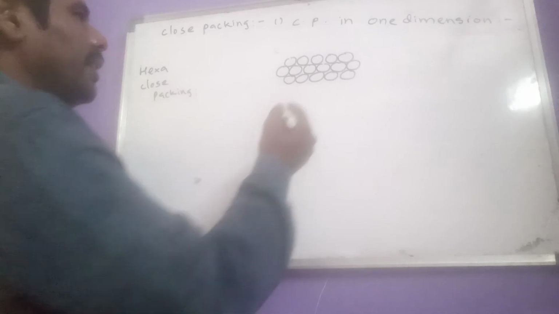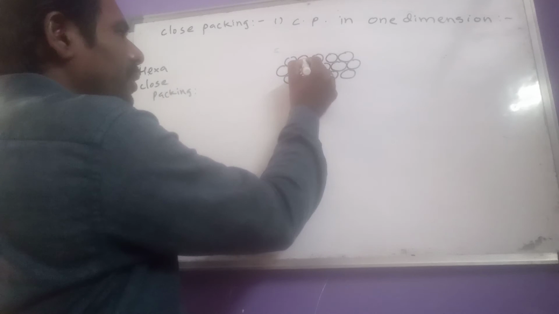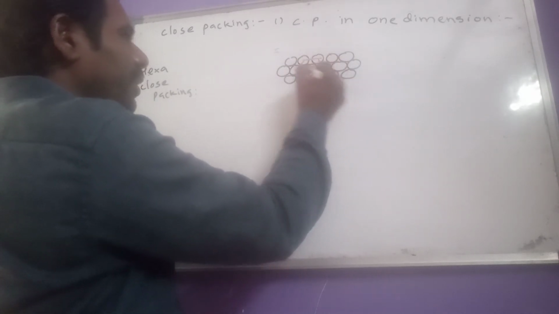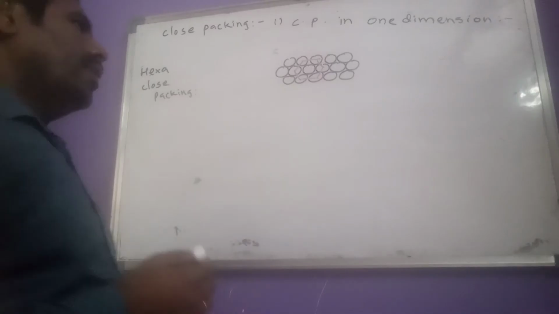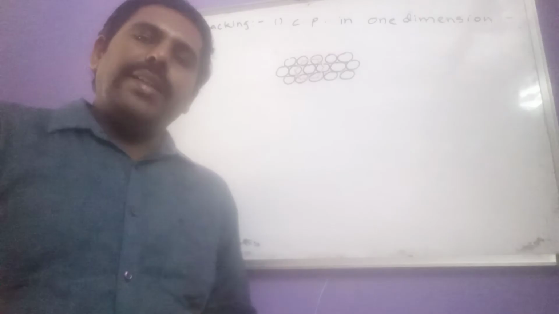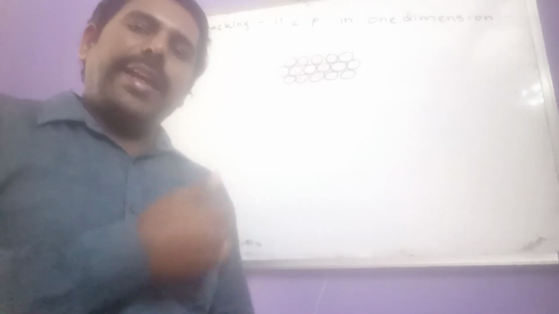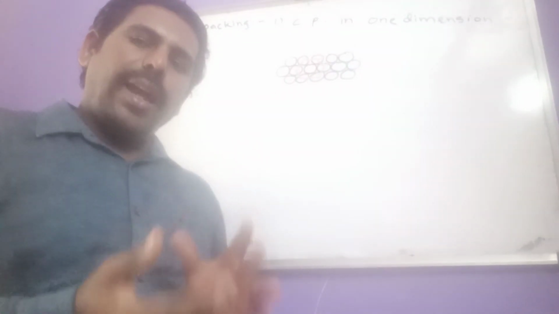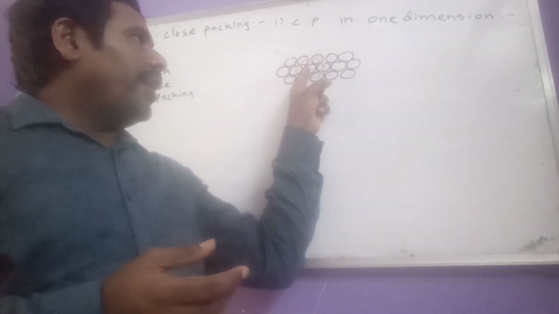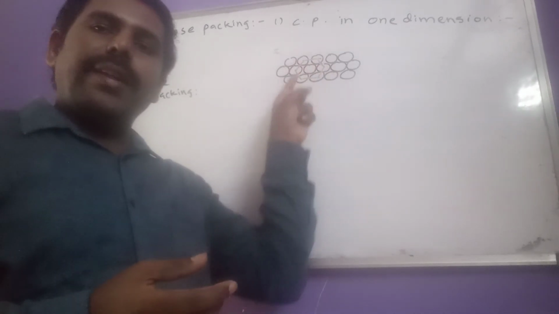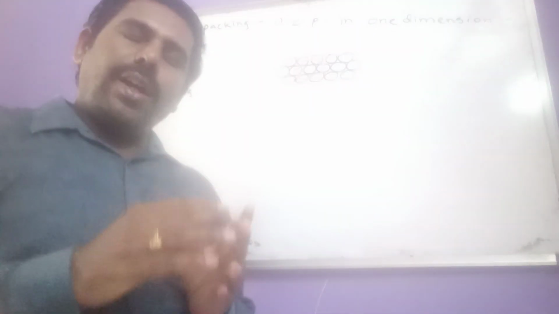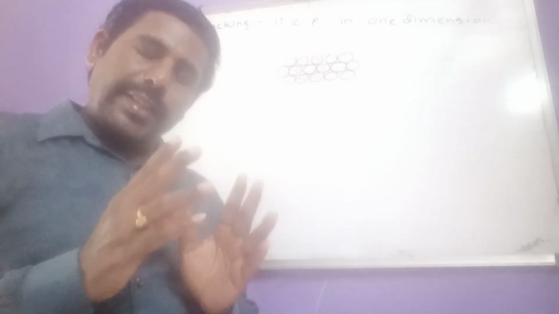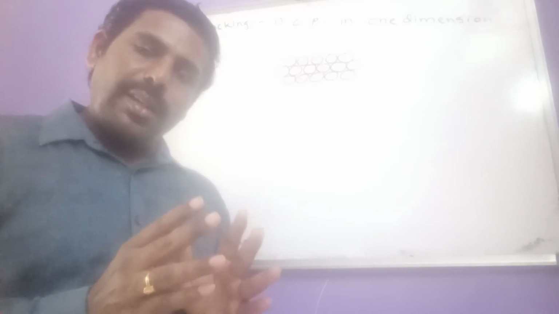Why do we have to say like that? So if you join these centers, we get which one here? A hexagonal structure. So like that, this arrangement is called hexagonal close packing in two dimensions, and each sphere has 6 nearest neighbors. So the coordination number in two-dimensional, this is especially important, two-dimensional, not three-dimensional.